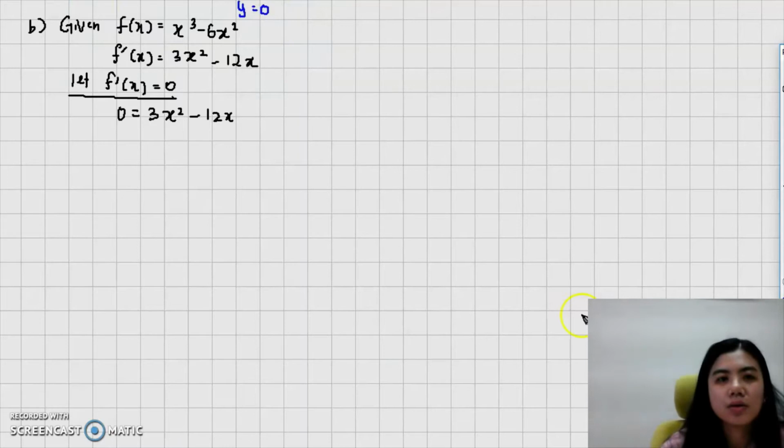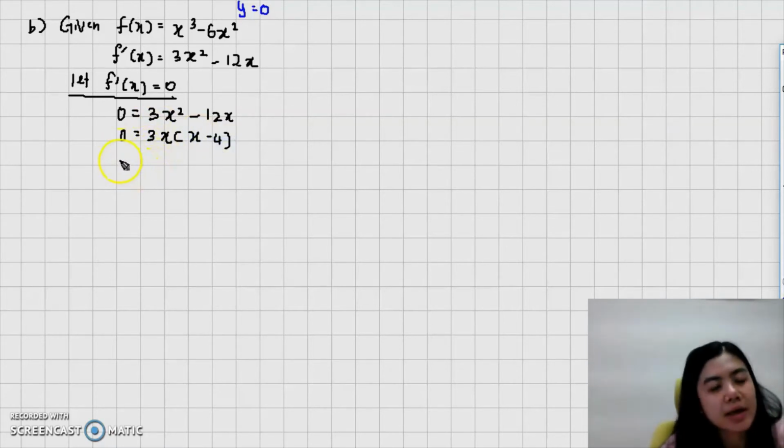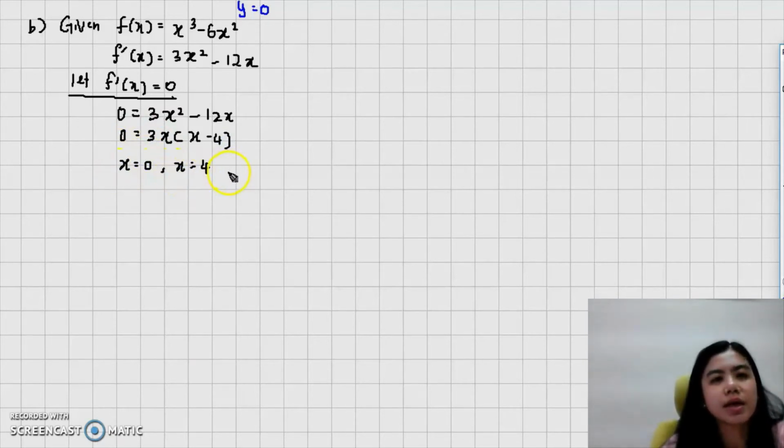When you factor out, you can factor out basically the 3 and the x from here. So we have 3x times (x minus 4), and at the end we have x equal to 0 and x equal to 4. So that is the x from f prime equal to 0.